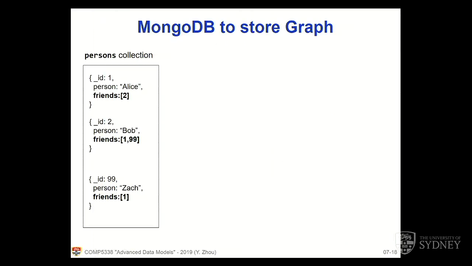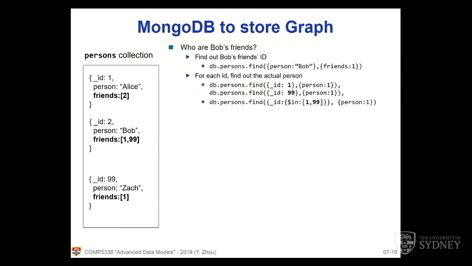Okay, so still, let's see how we can run the same queries on MongoDB to answer the same question. Who are Bob's friends? So first, we can find out Bob's friends' IDs. That's a simple query, right?